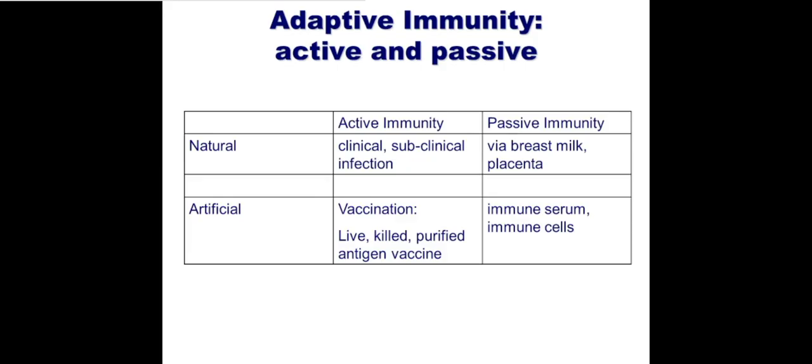Artificial immunity is provided in adaptive immunity by vaccination. The types of vaccine are live, killed, and purified antigen vaccine. And in passive immunity, artificial immunity is provided by immune serum and immune cells. These are the types.